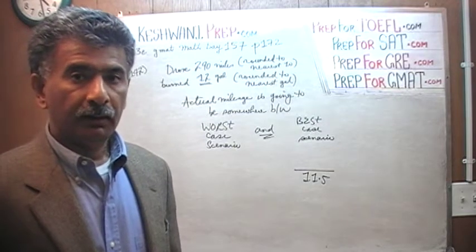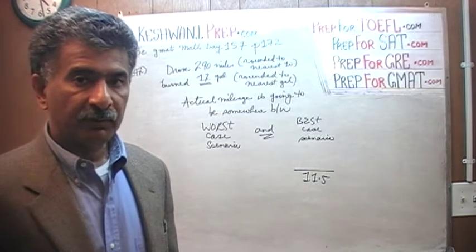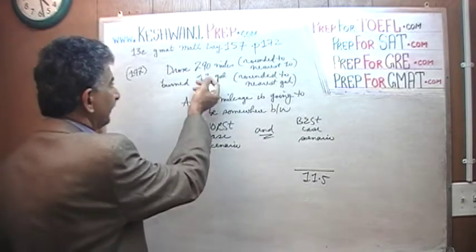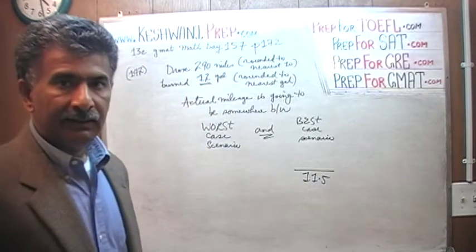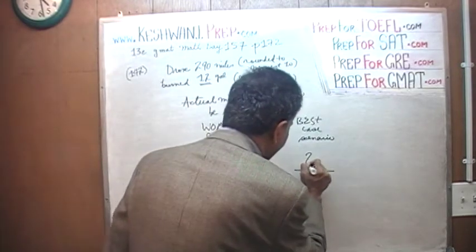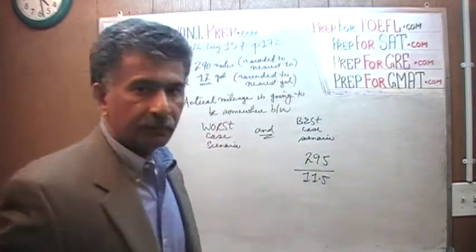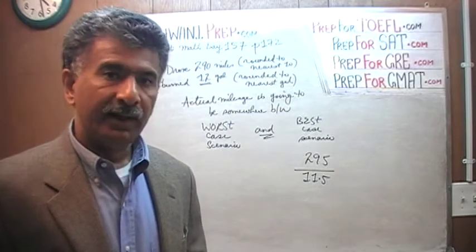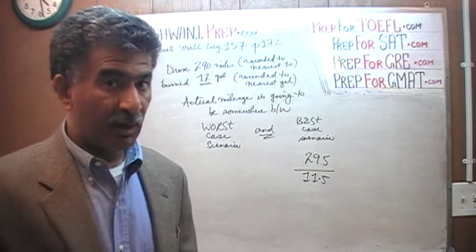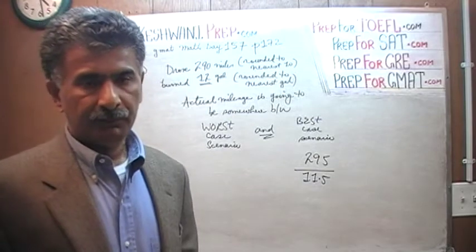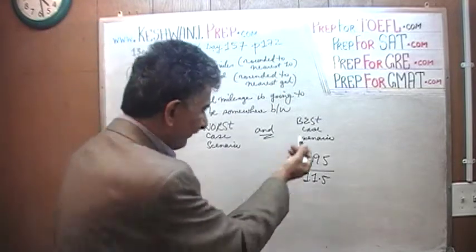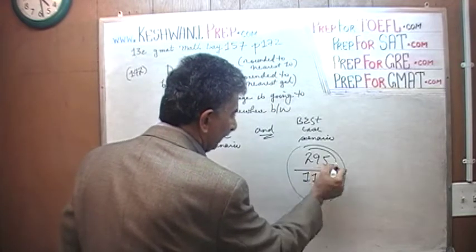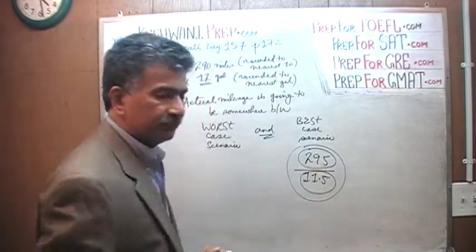And the highest number of miles that she could have gone, given that it is 290, is perhaps 295. Maybe she went 295 miles, which was rounded down to 290. That's the best case scenario. Here we're getting the highest number of miles for the least number of gallons.